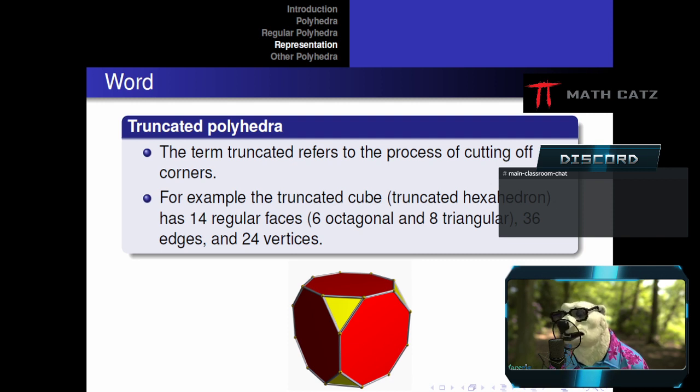I know in the problems, I think the one question is asking for the truncated octahedron. You have to practice all of them, even if they're not specifically listed in the problem questions. We will build up to the more complicated ones by starting with the truncated tetrahedron. So let's get that going.